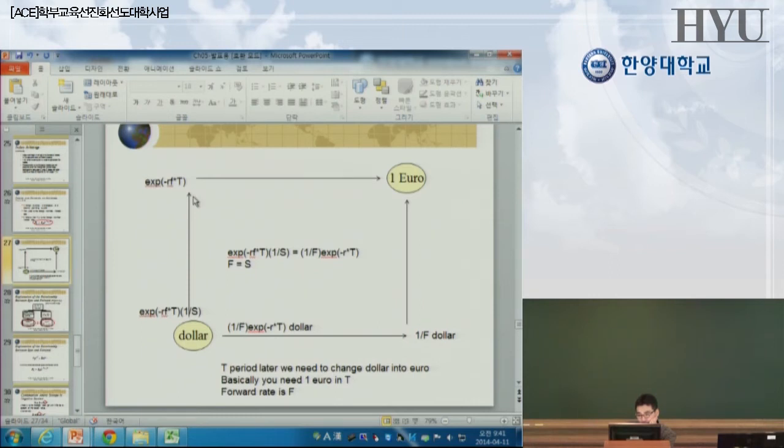I think I am wrong. Sorry, I think this is the other way. Okay, therefore, $1 becomes 1 euro.